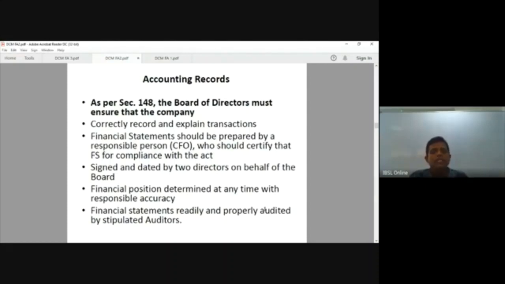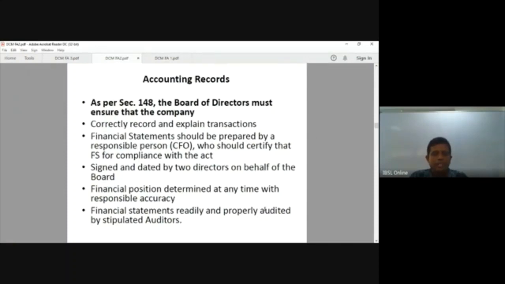They do this because of these sections under the Companies Act. There is a 2-month restriction from the Securities and Exchange Commission, but under the Companies Act also there is a deadline for the financial statements.